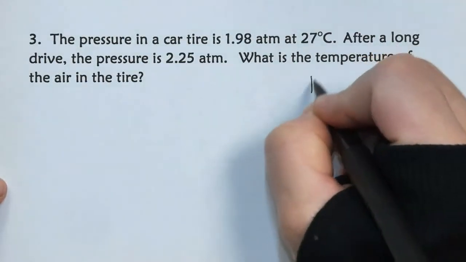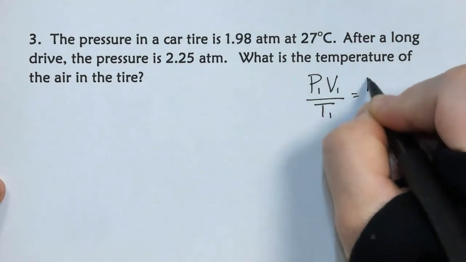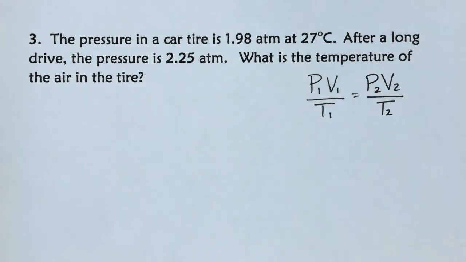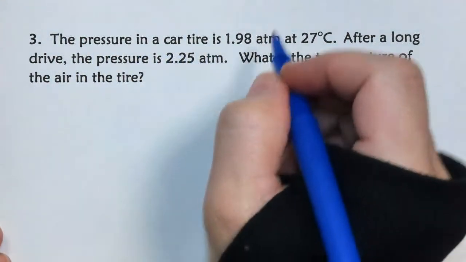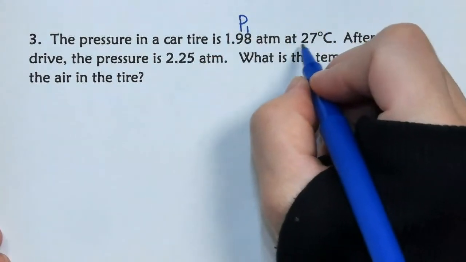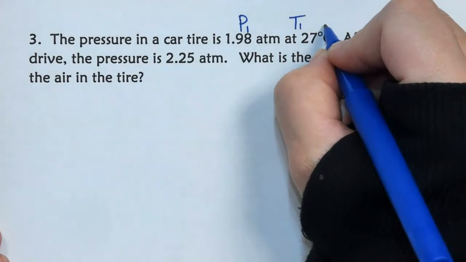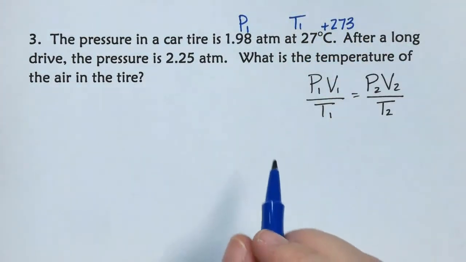For number 3, I'll start by writing my equation. P1V1 over T1 equals P2V2 over T2. So now we'll go through and label our variables. The pressure in a car tire is 1.98 atmospheres. There's P1. At 27 degrees Celsius, there's T1, and Celsius means plus 273 in order to change it to Kelvin.